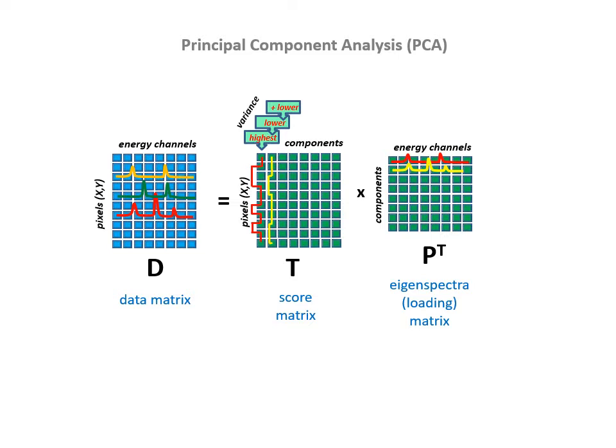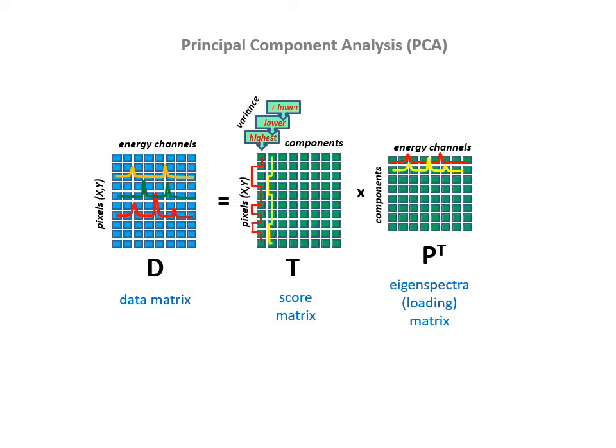At the right hand, you see the so-called loading matrix. It's just a matrix consisting of a set of SVD eigenspectra, and as previously, each matrix row is a spectrum. In the middle, you see another matrix which shows the contribution of each eigenspectrum in the actual data set. Another name for this matrix is the score matrix.